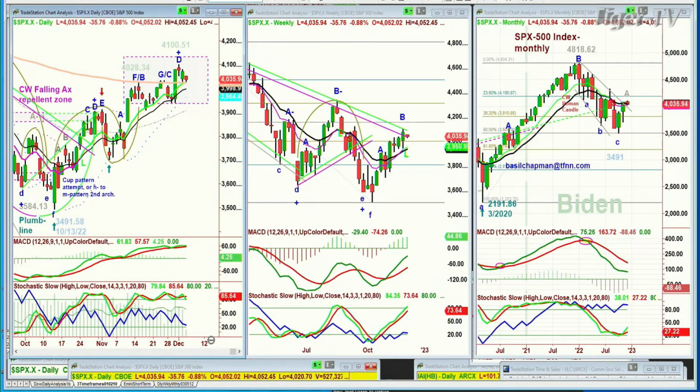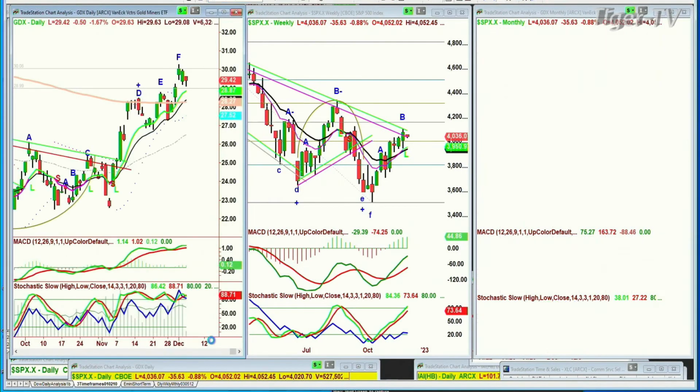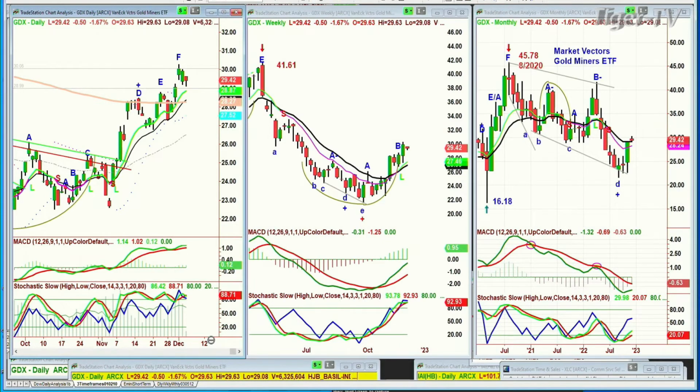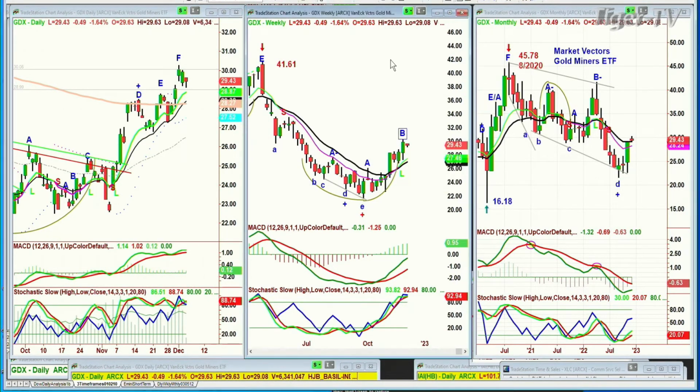Look at this. The GDX has gone, I've called this a peak F. The 9 period is well above the 14 and the price is above the 9. All three, the 14, the 9, and the price, are above the 200 period moving average. We've got a crossover. I like to look at crossovers as a potentially good sign, but the amount of work and effort it takes to get to the crossover says, just in the shorter term, be a little careful because I expect some choppiness.